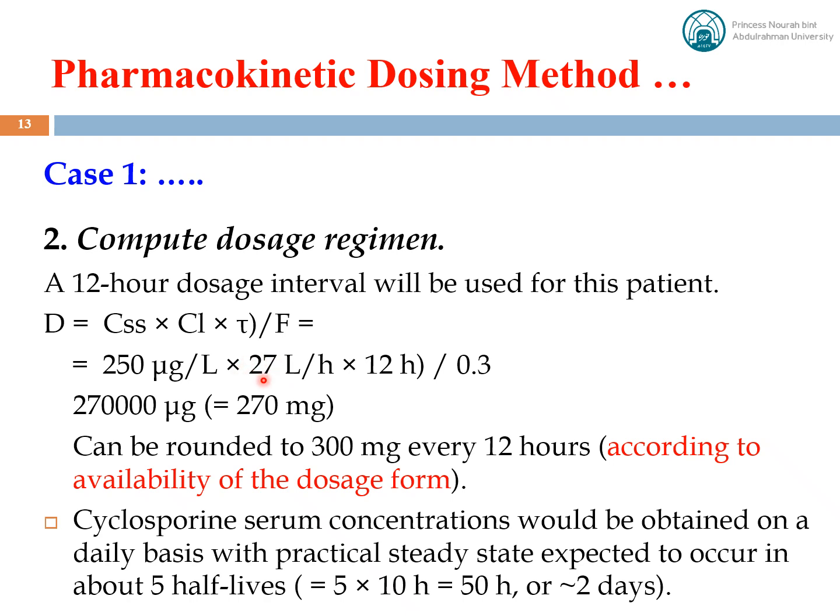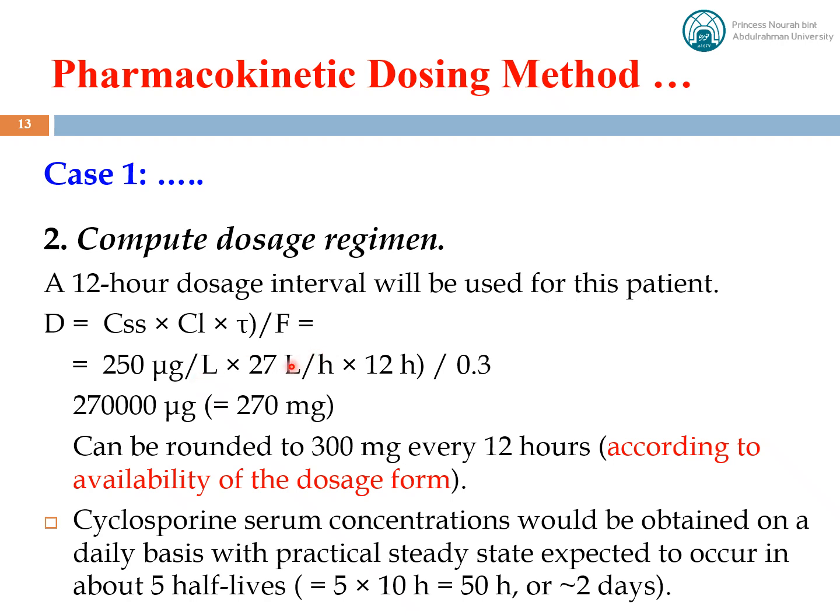This 27 liters per hour is equal to 450 milliliters per minute. But here in the equation we don't put 450 milliliters per minute because the average steady state concentration is in micrograms per liter. So we should use similar units.